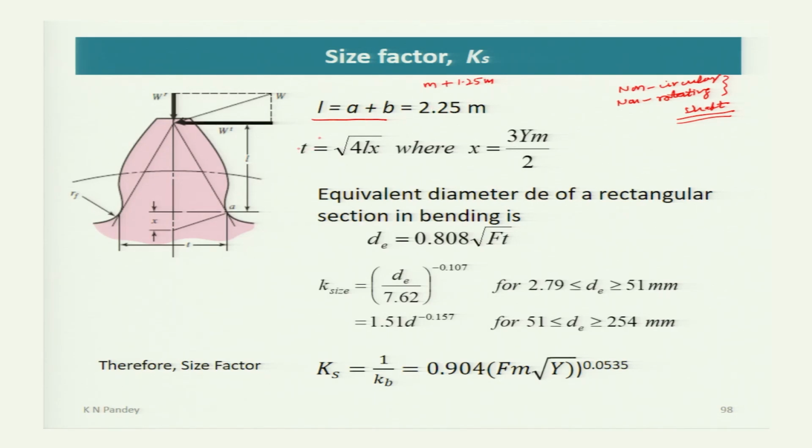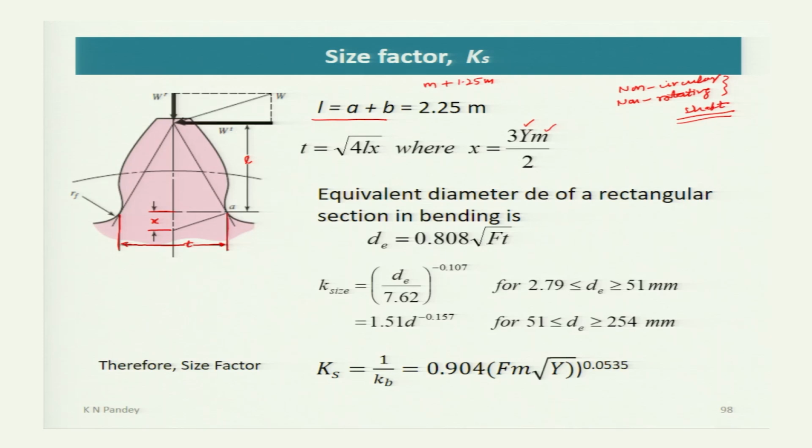Now, from the Lewis equation, when we derive the Lewis bending equation, this T, the thickness of the gear tooth along the fillet, was found in terms of this length L and this X. Just to remember it, the equation was T is equal to under root 4LX, where X is given by 3ym divided by 2, where y is the Lewis form factor and m is the module.